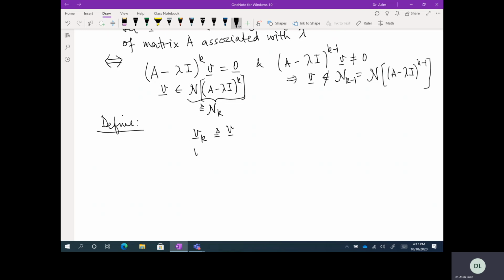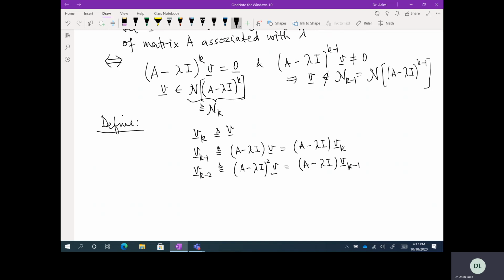Then v_(k minus 1) is simply (A minus lambda I) times v, which is actually (A minus lambda I) times v_k. v_(k minus 2) is (A minus lambda I) squared times v, which is simply (A minus lambda I) times v_(k minus 1).